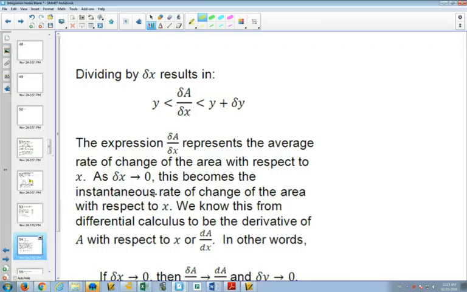Now, this delta A over delta x is an average rate of change. But if we took the limit as delta x goes to 0, can you see that this part is just a derivative? Because the definition of a derivative is taking the limit as that distance gets closer and closer to 0, it just becomes the derivative dA/dx.